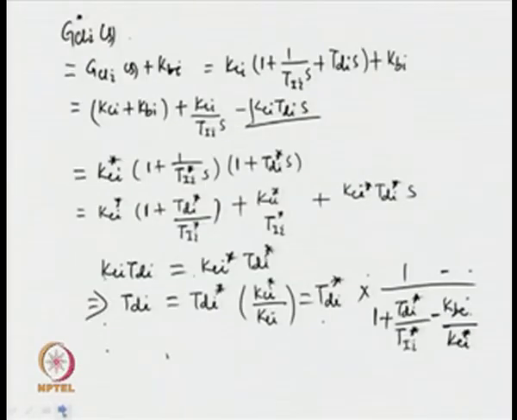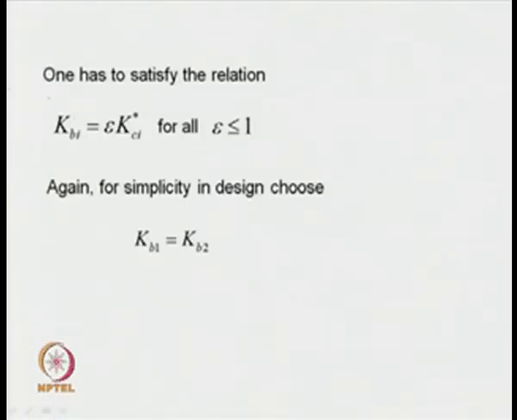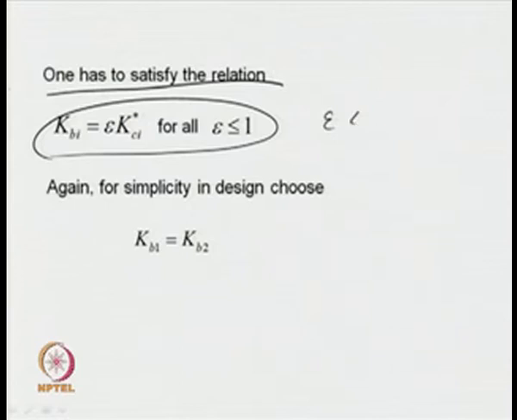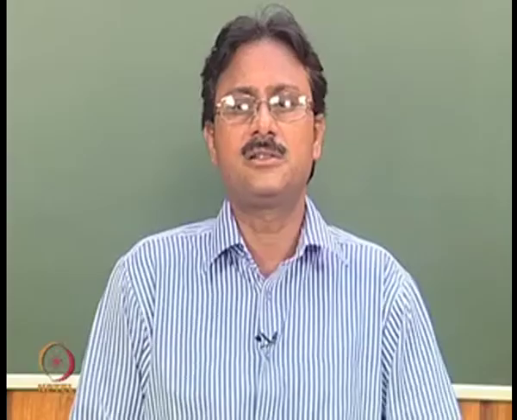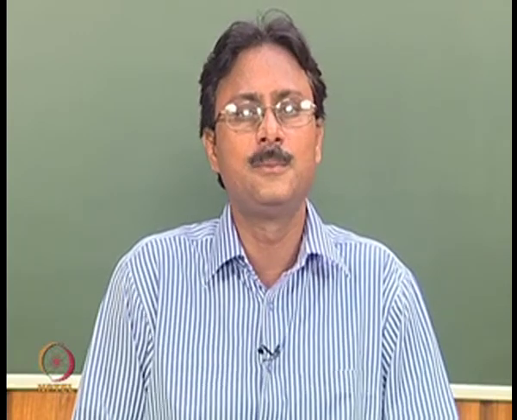Next, using the same relation, I can say Kbi is equal to epsilon times Kci star. Now, epsilon has to be less than 1 and that guarantees that all the parameters of the PID controllers will be positive.